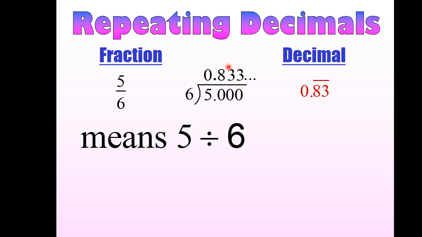You cannot write it that way because it's only repeating 3. So this is going to be wrong. 0.833 bar is not so wrong, but again, we need to write it as simply as possible. So this is also wrong. And the correct answer would be 0.83 with a bar on top only over the 3.